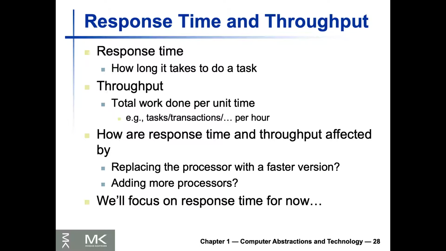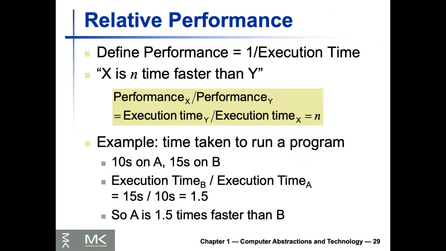What if we change that from i5 to i7 or i9, right? How about we add more cores? We start from a single core to a multi-core or a many-core. All right? So for now, let's focus on the response time.